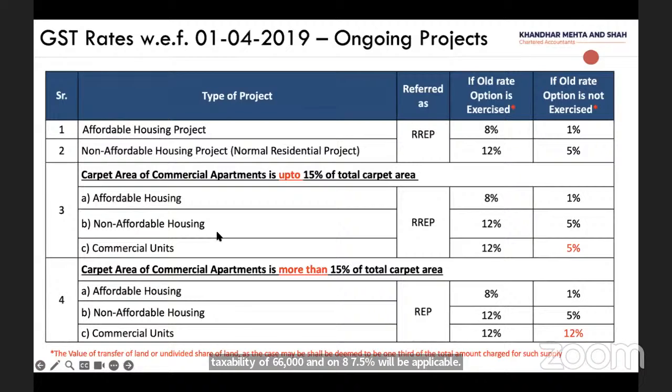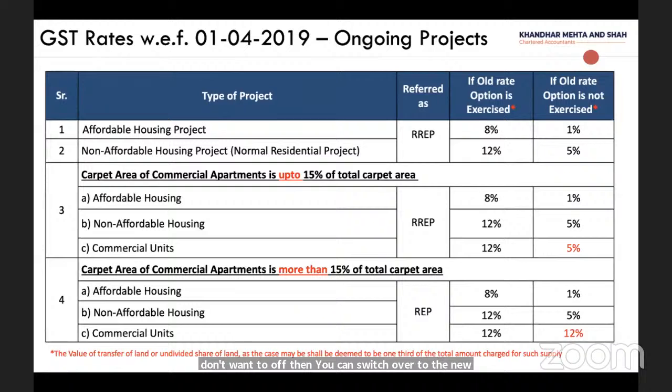Now, when the government came with this amendment or change from 1/4/2019, the business was obviously going on, and the number of projects across the country were ongoing. So the government gave an option that for ongoing projects, you can opt for whatever older rate was applicable, and if you don't want to opt, then you can switch over to the new rate as well.